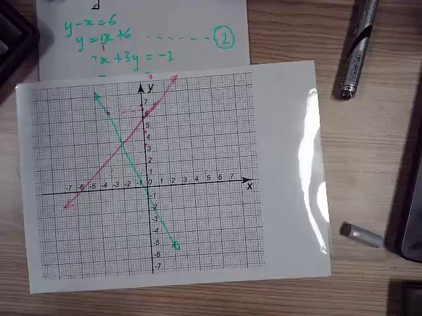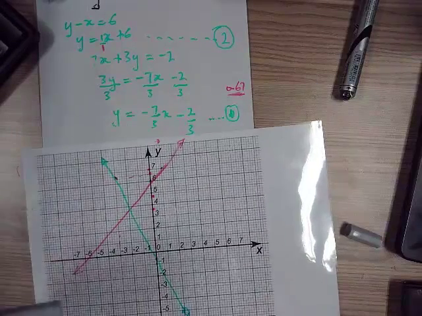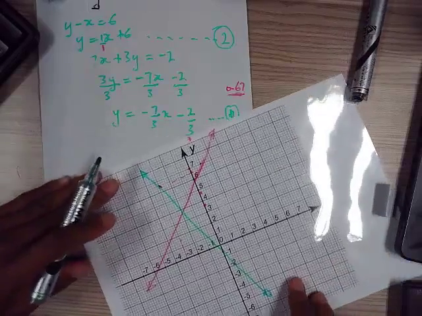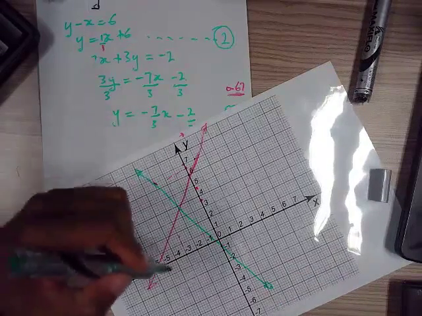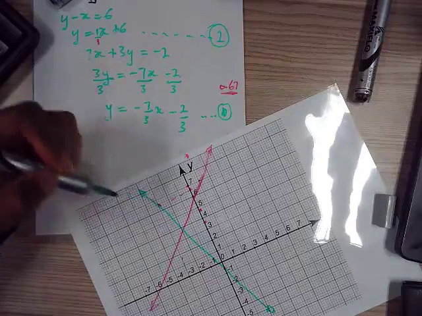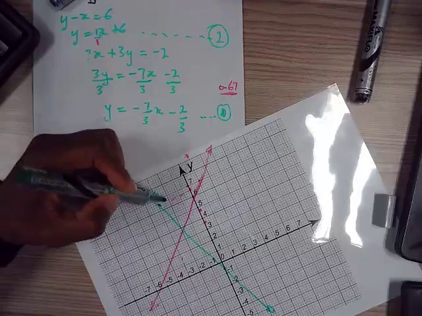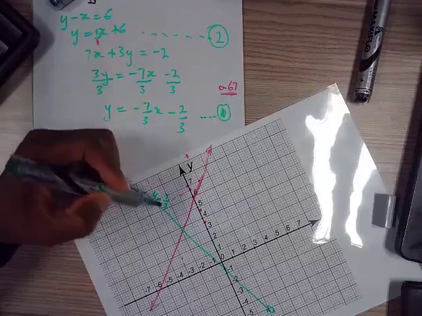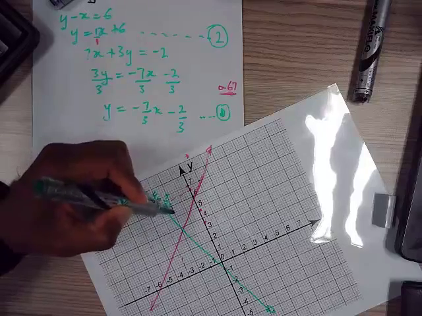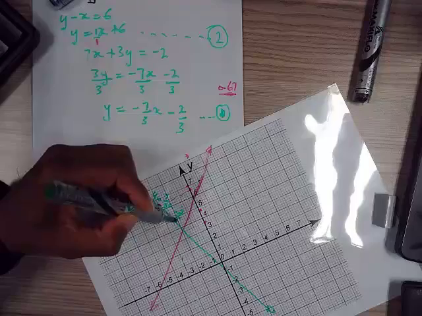I hope you can see that. And then you write down the name of the equation, which is y equals minus 7 over 3x minus 2 over 3.